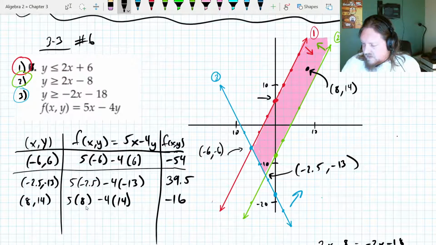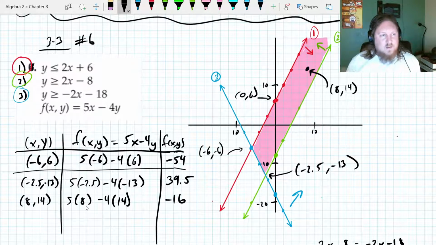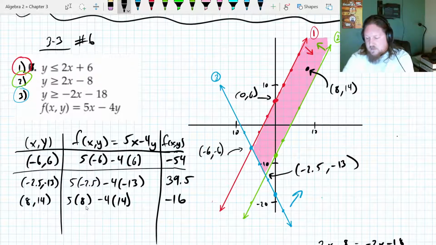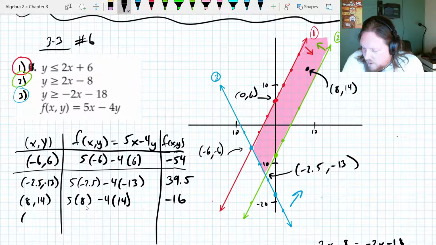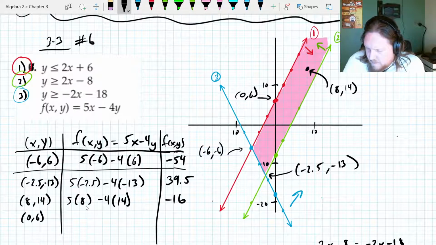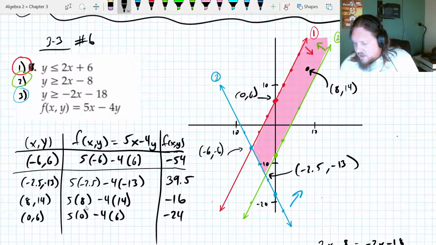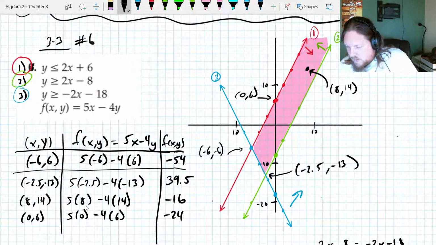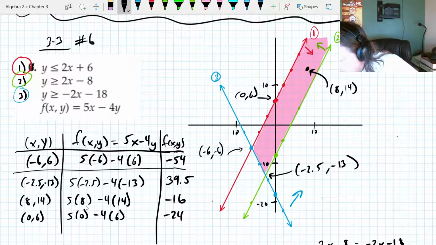How about 0, 6. It's good to pick ones that are on the lines too, because those are usually the extremes of everything. So 5 times 0 minus 4 times 6, that's negative 24. Still doesn't help me out. Let's try a point on the green line somewhere.